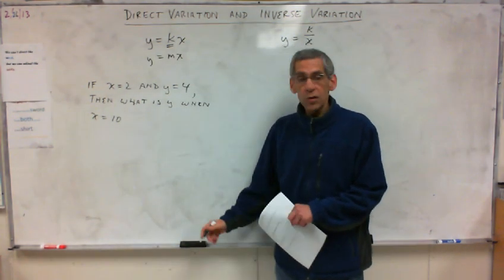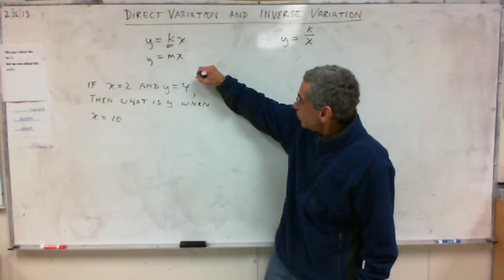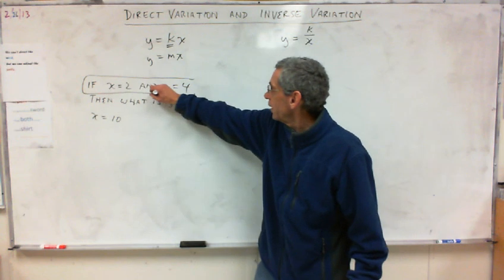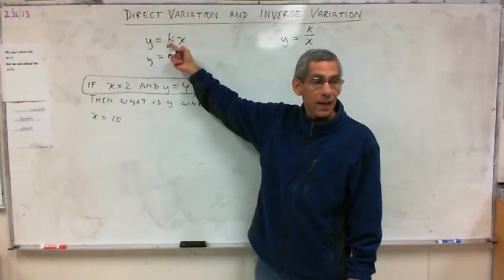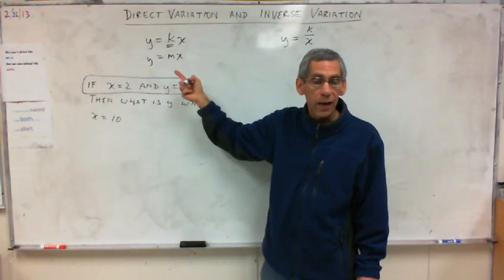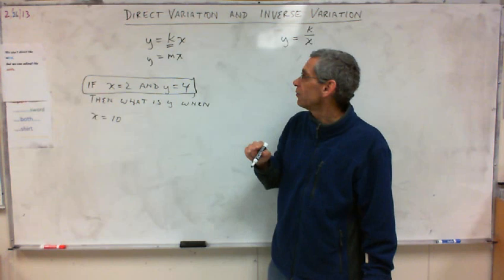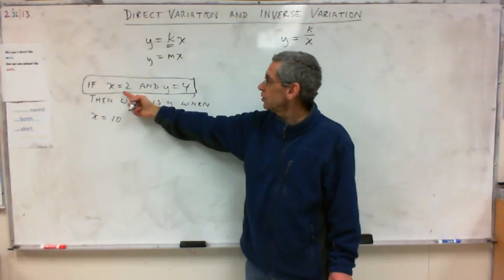All right? So this is the part they gave you that you need to use to find k, or m, or a, or whatever you're going to use. But we'll just say k for now. So you plug this in.